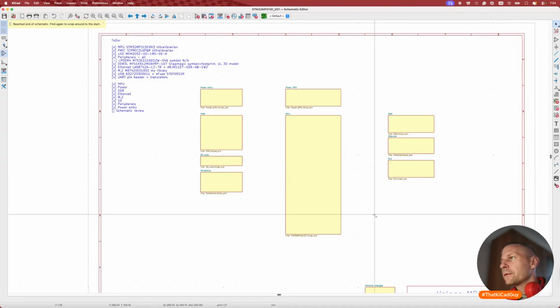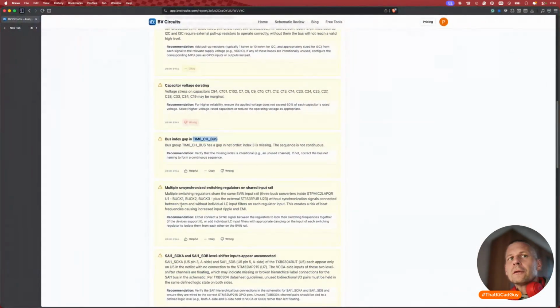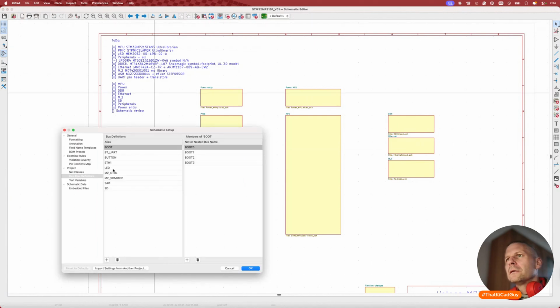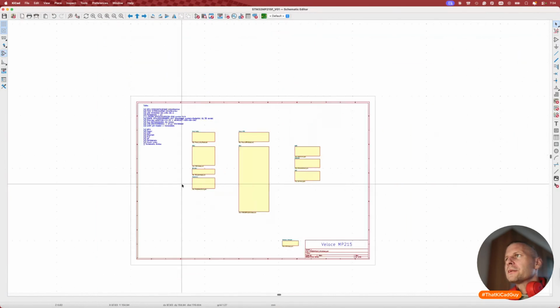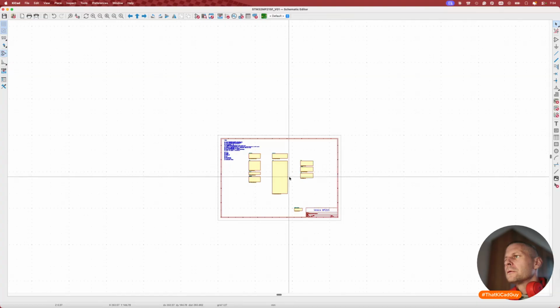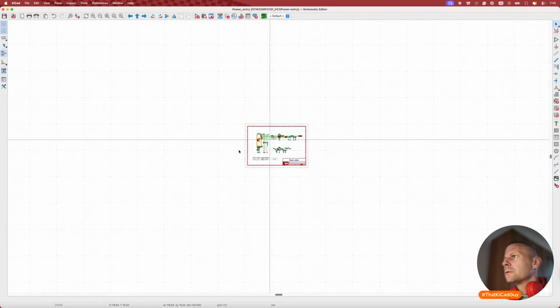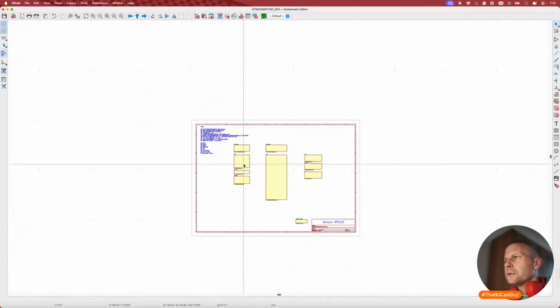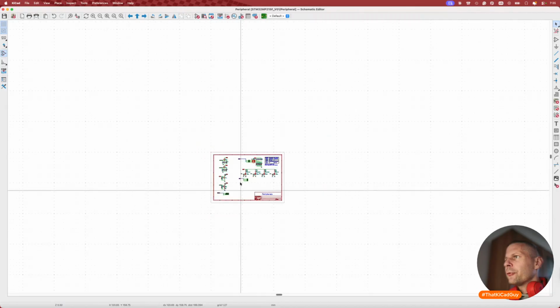Of course. Bus group TM CH bus. There is no such a bus. Is there some forgotten piece of imported schematic?